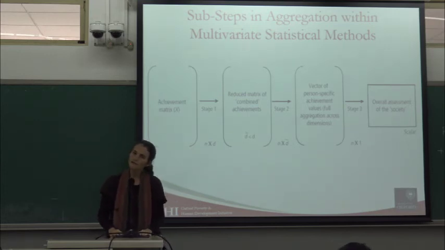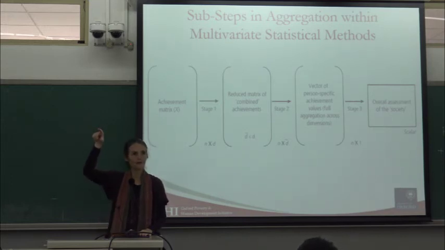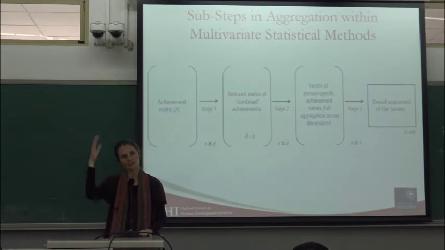And then very often, you may aggregate those factors for each person. You may combine them in some way. So each person gets a score which aggregates their factors, or their principal components. And so you get a vector of person-specific achievements.